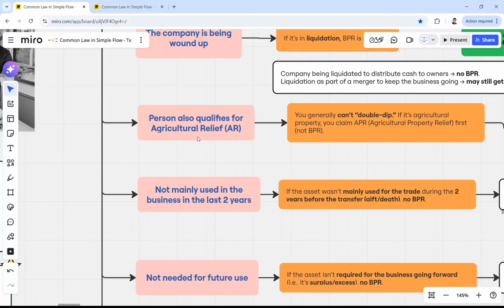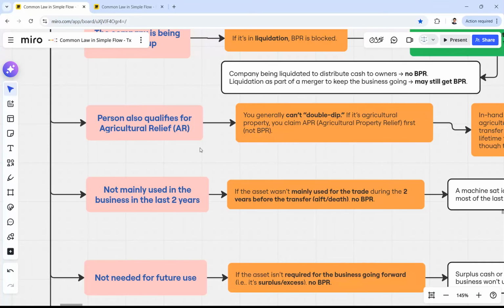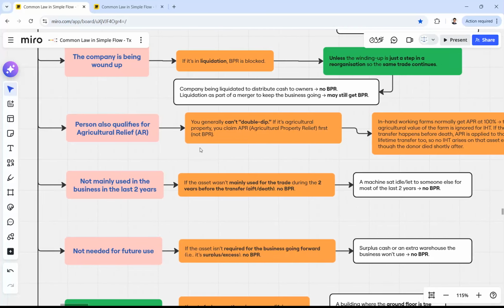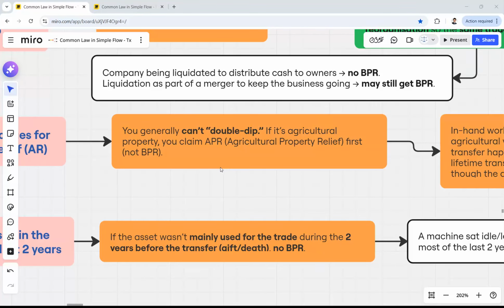The next exception, when the BPR does not apply: the person also qualifies for agricultural relief, APR. You generally can't double dip. If it's agricultural property, you claim APR, agricultural property relief, first, and you skip the BPR, business property relief.